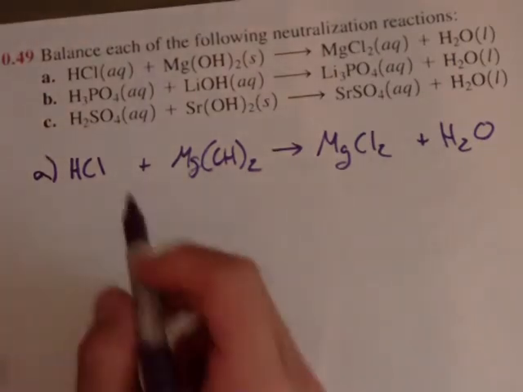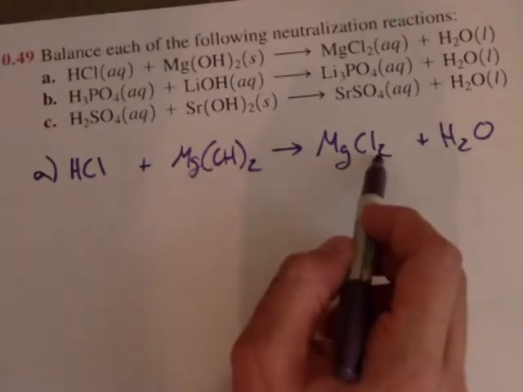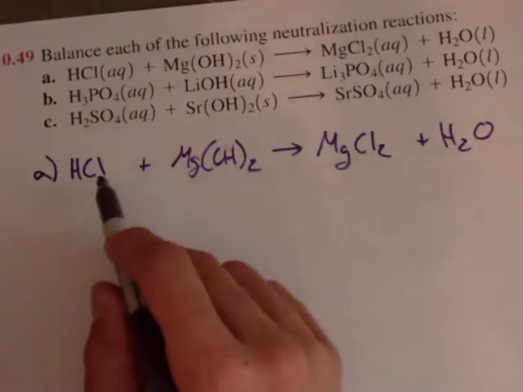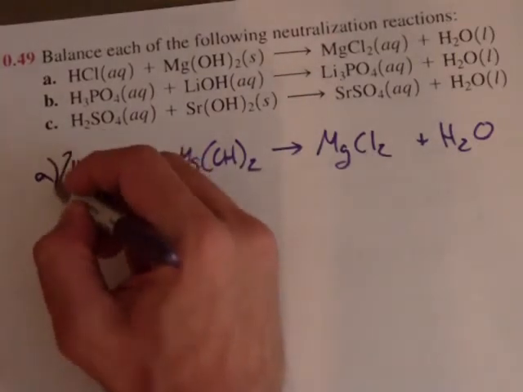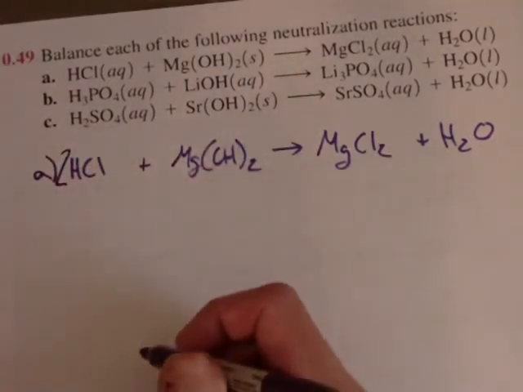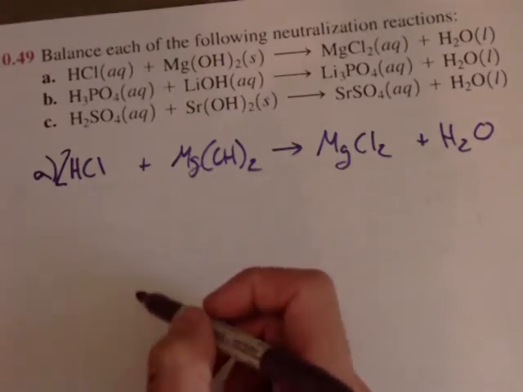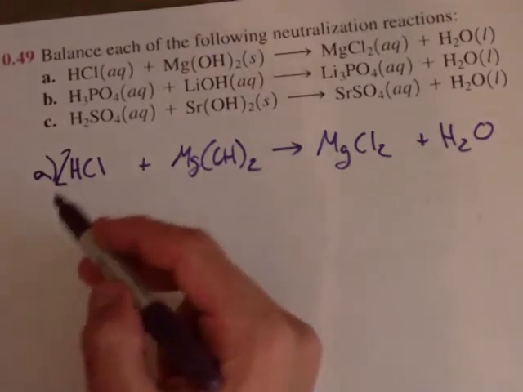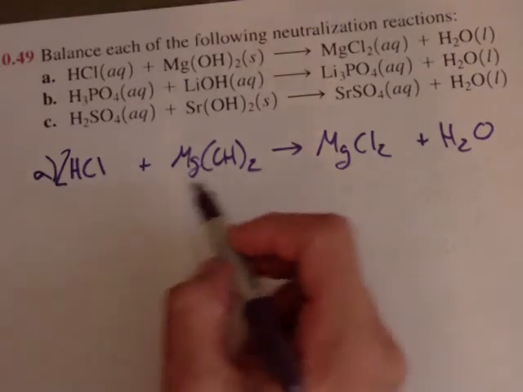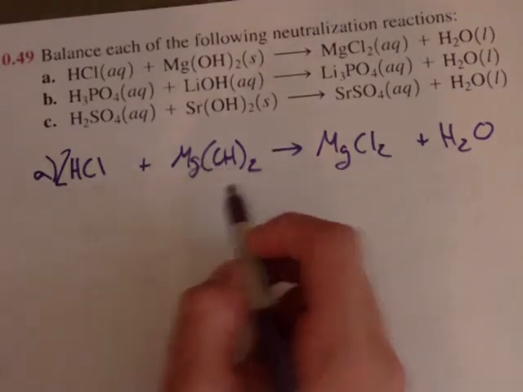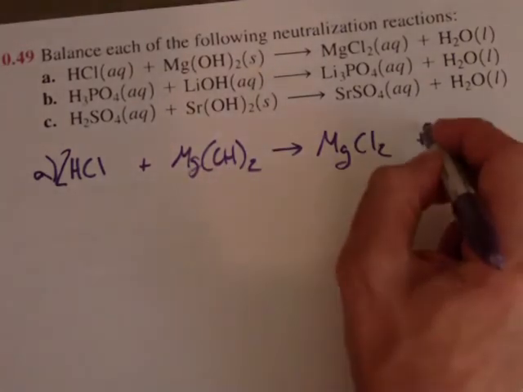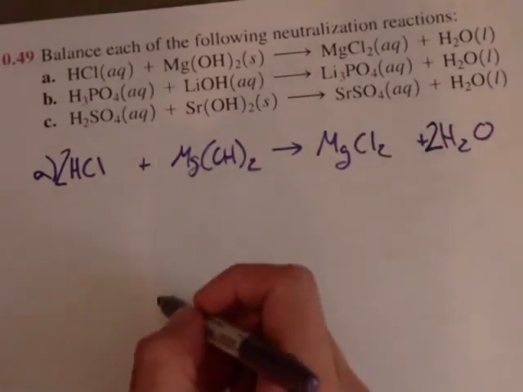So here you have Cl2. You have two Cl's, and you only have one on this side, so you can put a 2 right here. Then make sure you have, here you see you have 2 O's, but you only have one here, so you put a 2 in front of there.